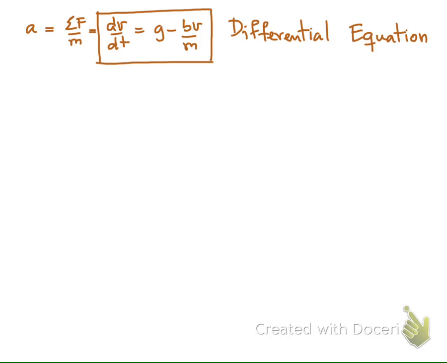But in the introductory class, as what we are discussing here, we assume that you may not have enough mathematical skill to solve this equation directly. So I will provide you the solution of this equation.